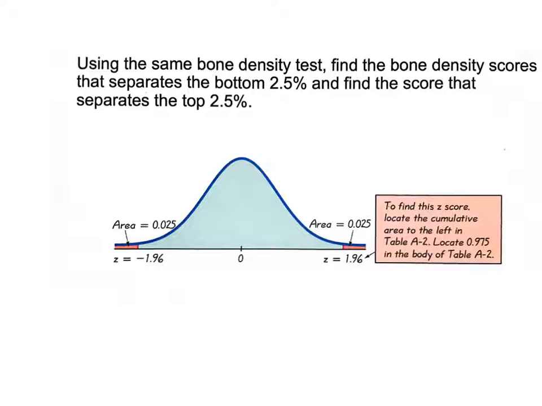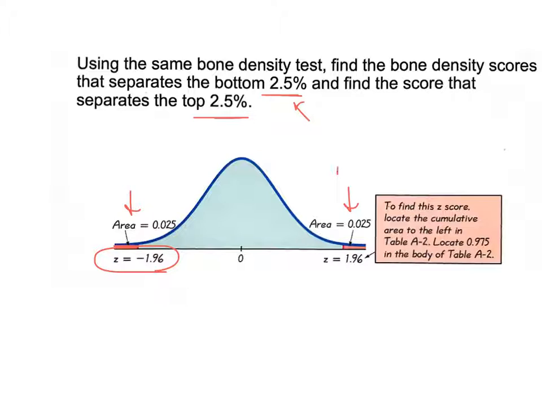Using the same reasoning, find the z-scores that separate the bottom 2.5% and the top 2.5%. We're going to do this a lot. So the bottom 2.5% is down here, the top 2.5% is up here. Because this is to the left down here, I just looked up 0.025, which is changing 2.5% to a decimal, and I found that z-score, negative 1.96.